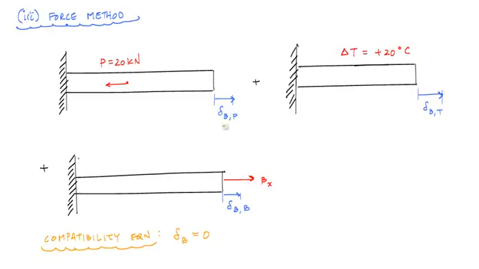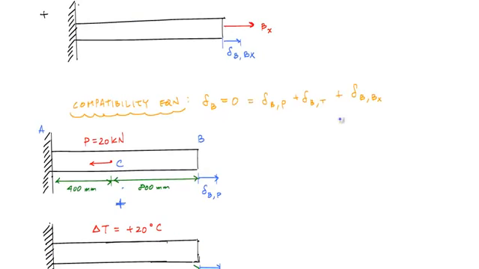So by superposition, if I add up all three of these components, this thing should add up to 0. The deformation of B due to the applied load, plus the deformation at B due to temperature change, plus the deformation at B due to my redundant, which I'll call Bx.